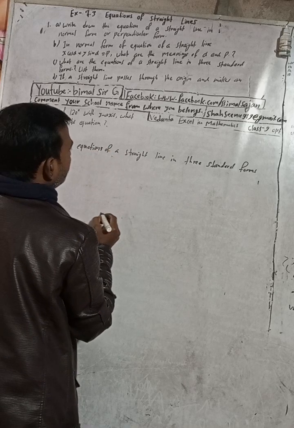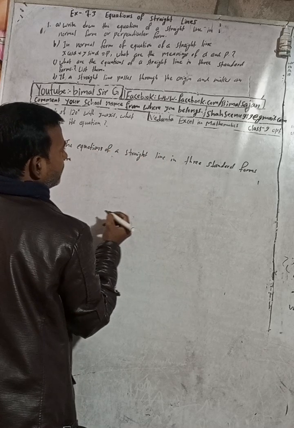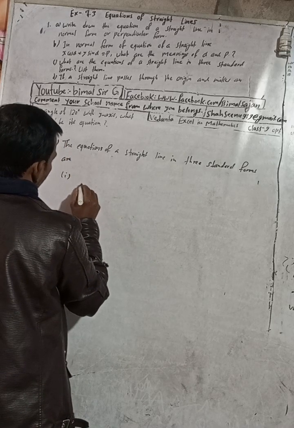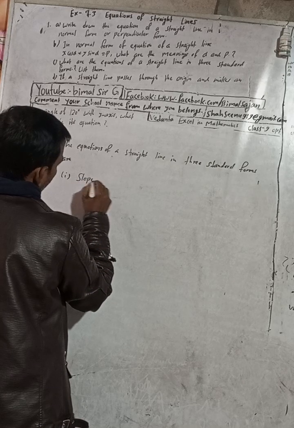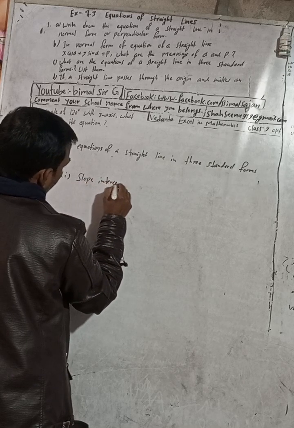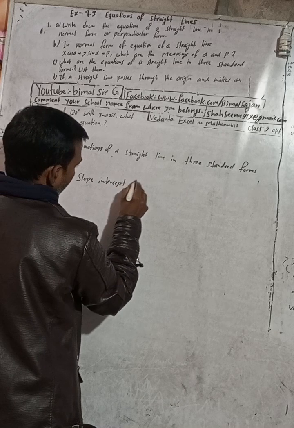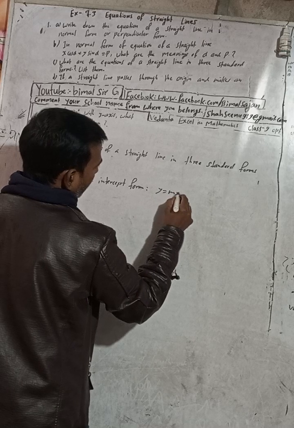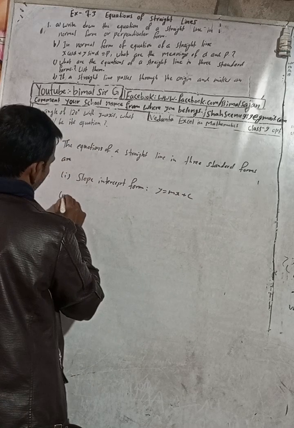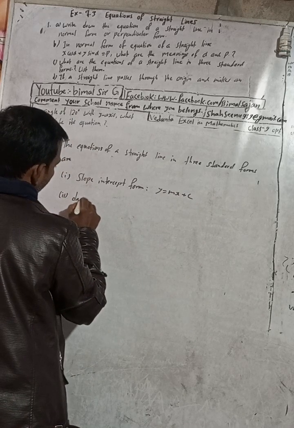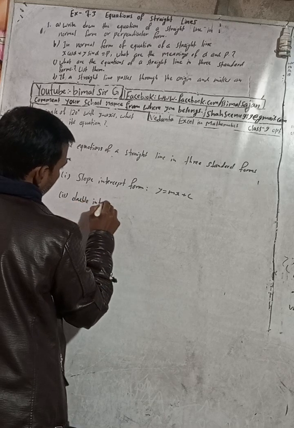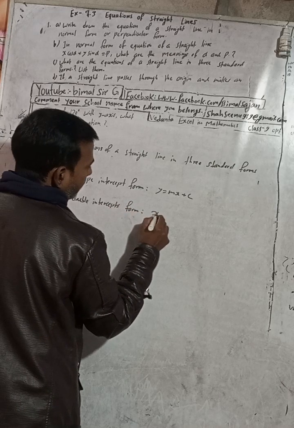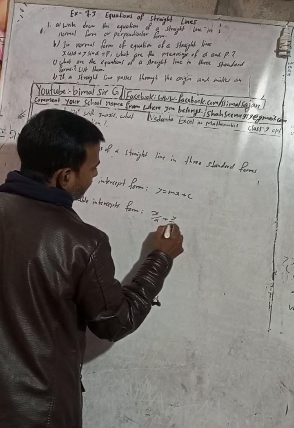Number one is called slope intercept form, and the equation of the slope intercept form is y is equal to mx plus c. Number two, double intercept form. Double intercept form means x by a plus y by b is equal to 1.